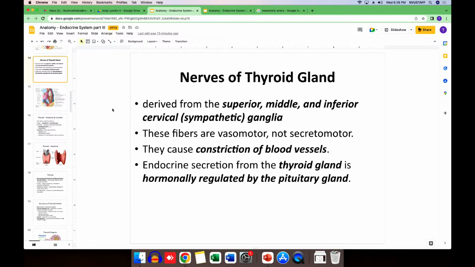That was giving us the catecholamines. Here it is just vasomotor. Vasomotor means that it can constrict the blood vessels. This is body system 3 physiology of the vessels. And the thyroid gland is regulated by the pituitary gland, right? By the thyroid stimulating hormone.